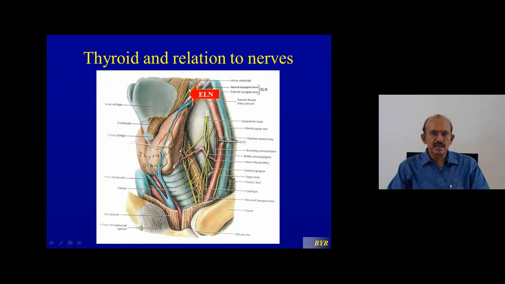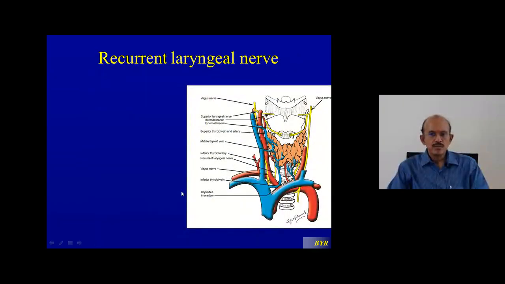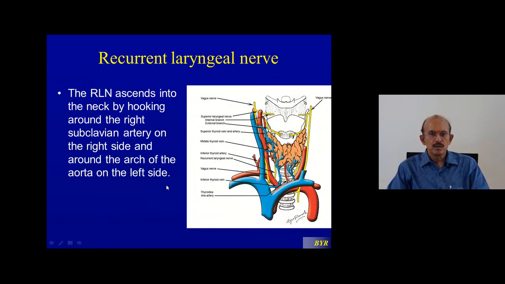This is the external laryngeal nerve. And here is the recurrent laryngeal nerve. So there are two nerves. They don't supply anything to the thyroid gland, but they are very important in the anatomy of thyroid gland because both of them are related to the thyroid gland.